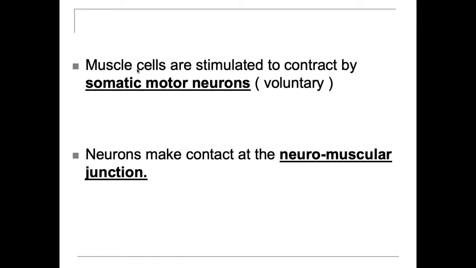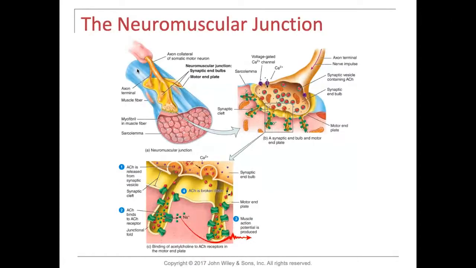When we get into neurology, there are somatic sensory neurons that deal with sensation, but motor is controlling movement for the most part. These are voluntary, and we know skeletal muscle is voluntarily contracted. Where nerves and muscles connect, we call it the NMJ, or the neuromuscular junction.